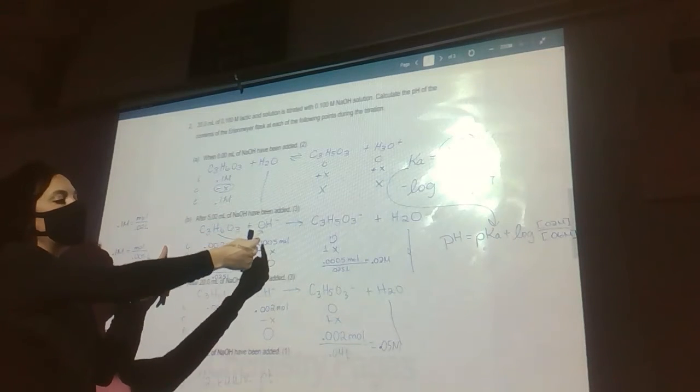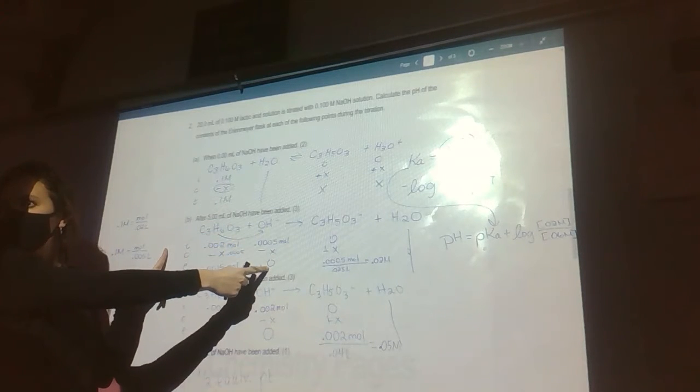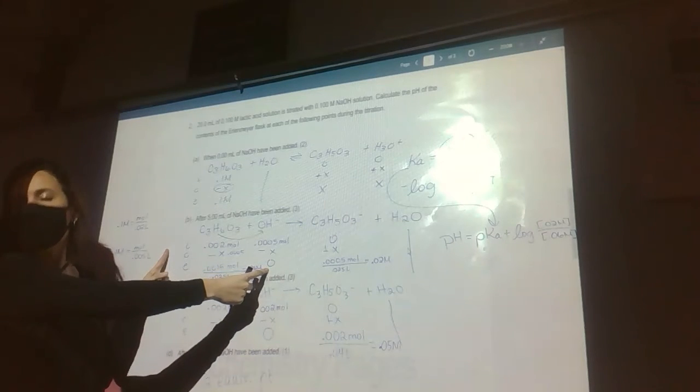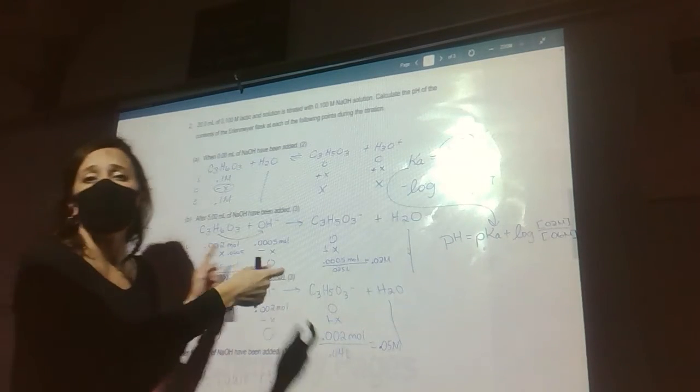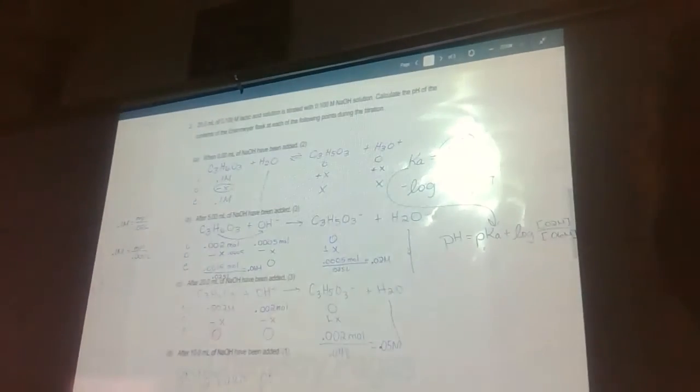You would wind up with some excess hydroxide. Find the concentration, find the pOH, find the pH. At that point, you've overcome the solution with hydroxide. You've made a very basic solution, and it's just the hydroxide is winning at that point. You've neutralized it, and then you've added some hydroxide, and you just have a base.